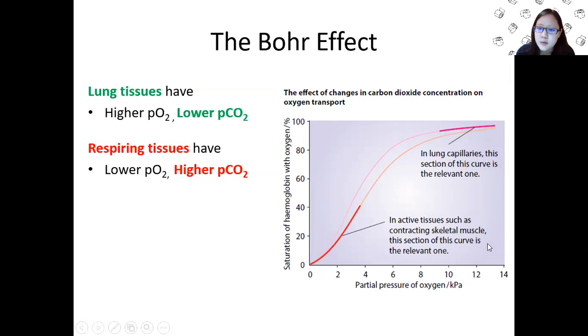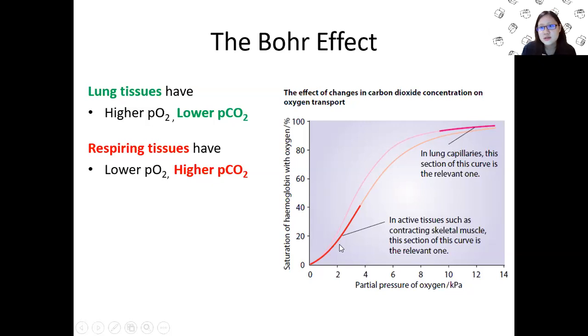Because here, partial pressure of oxygen is high, and that curve is for the low PCO2. Active tissues, on the other hand, is this section of the curve, because this is the area where partial pressure of oxygen is low, and this is also the line that has high partial pressure of carbon dioxide.